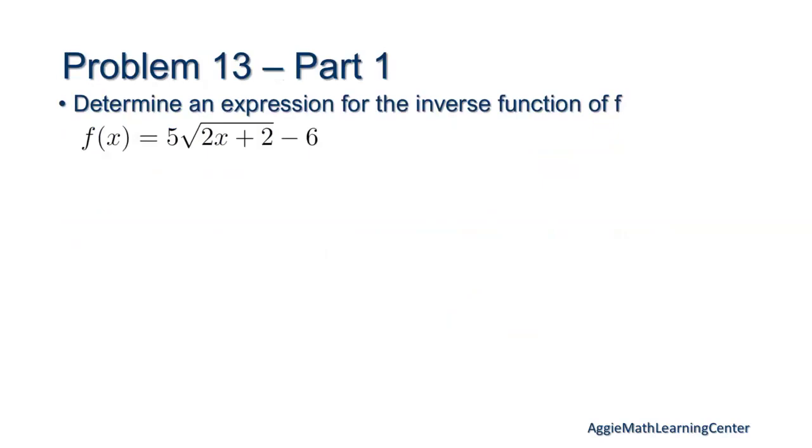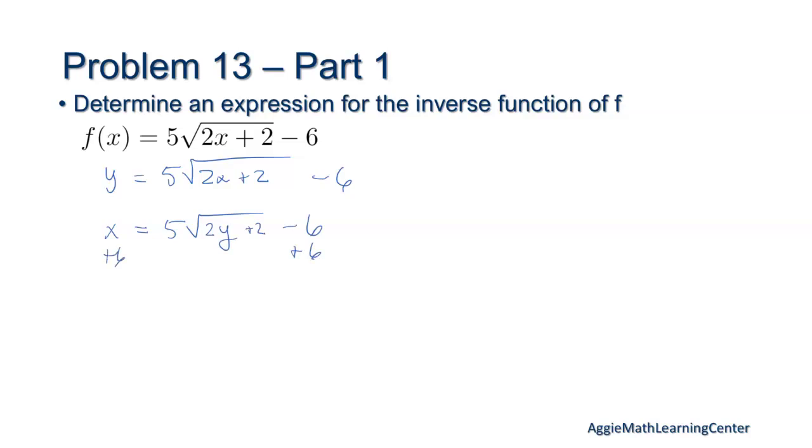Okay, so I'm just going to call this y for the sake of simplicity, and then rewrite this one more time. And now I'm going to swap x and y, and I'm going to solve for y again. Okay. So now I swap them, and now I just solve for y using all the tools in our toolbox.